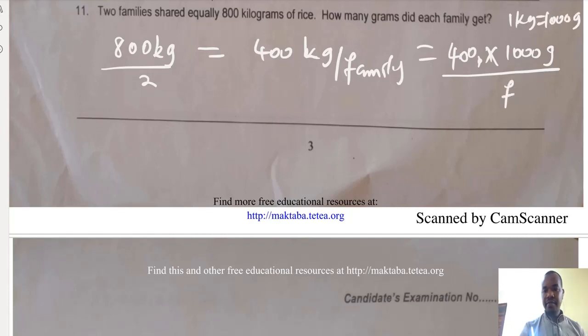So the result is 400,000 gram per family.